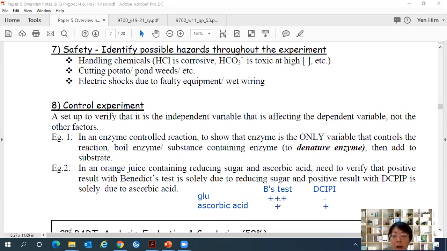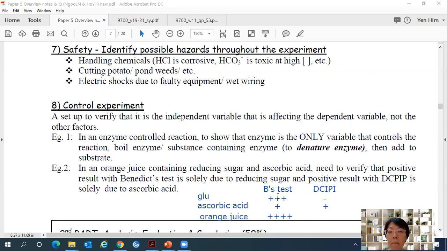So now I found out that ascorbic acid will also give a positive result for Benedict's test. So in my orange juice, when I have a 4+ in my result, all these pluses are not only due to glucose, they can also be due to the ascorbic acid that is present.